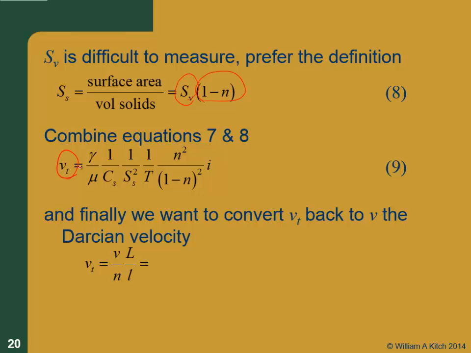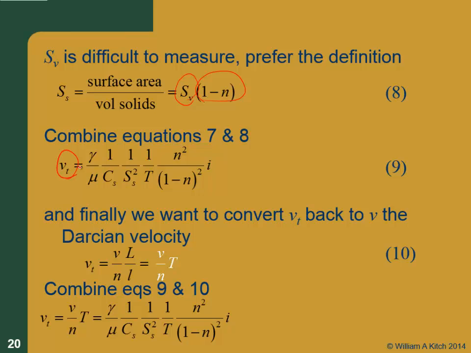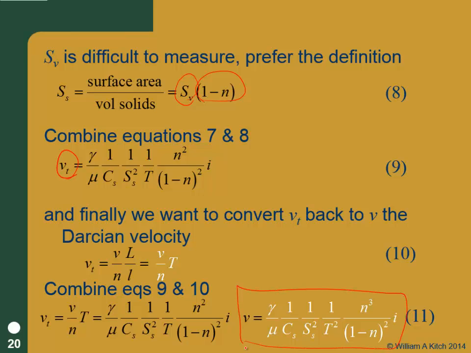That's the seepage velocity, times big L over little l, which is just equal to the Darcian flux divided by the porosity times the tortuosity factor. So I'm going to make that little substitution back in there. And then I'm going to end up with this equation, finally, this equation for my Darcian velocity as a function of the soil properties.